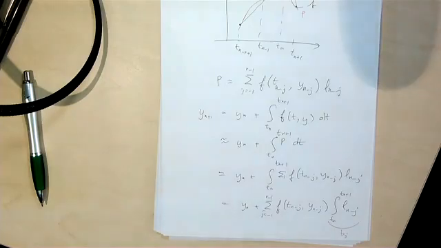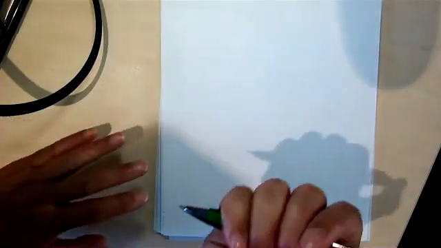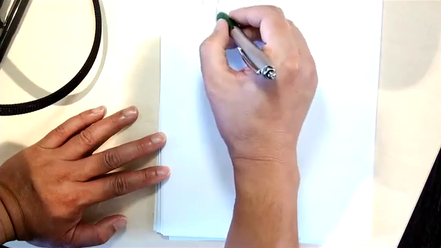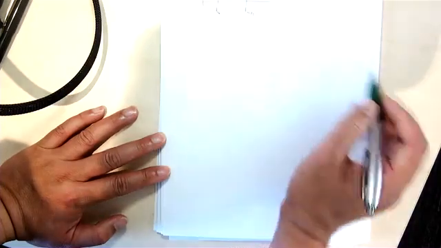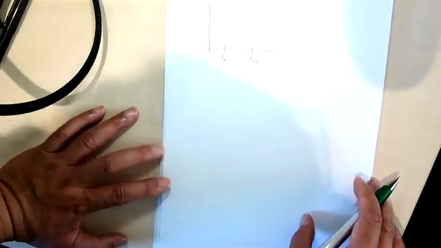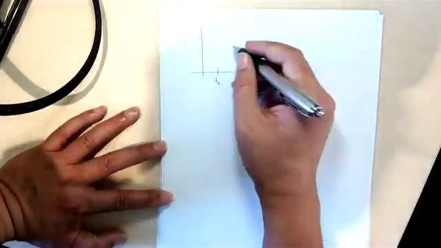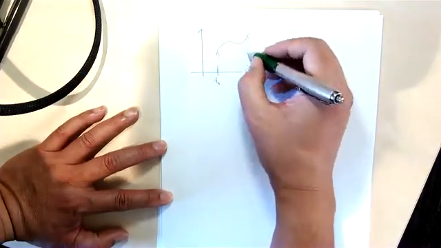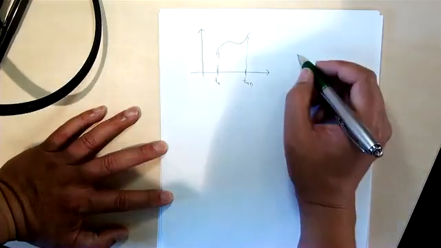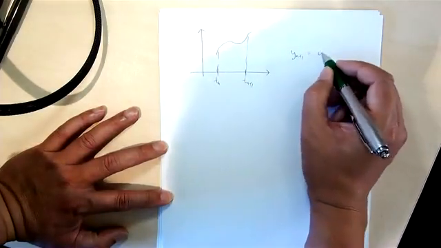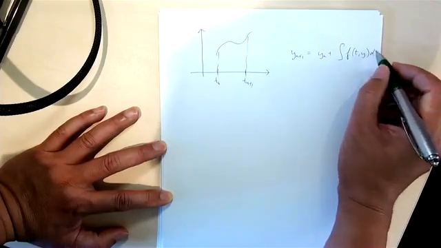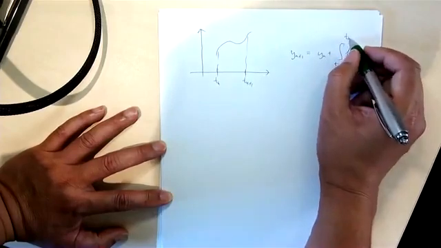If you look carefully, AM2 is, you have the integral here. So this one is Tn, this one is Tn plus 1, and your function looks like this. Then yn plus 1 is yn plus the integral of f t y dt from Tn to Tn plus 1.